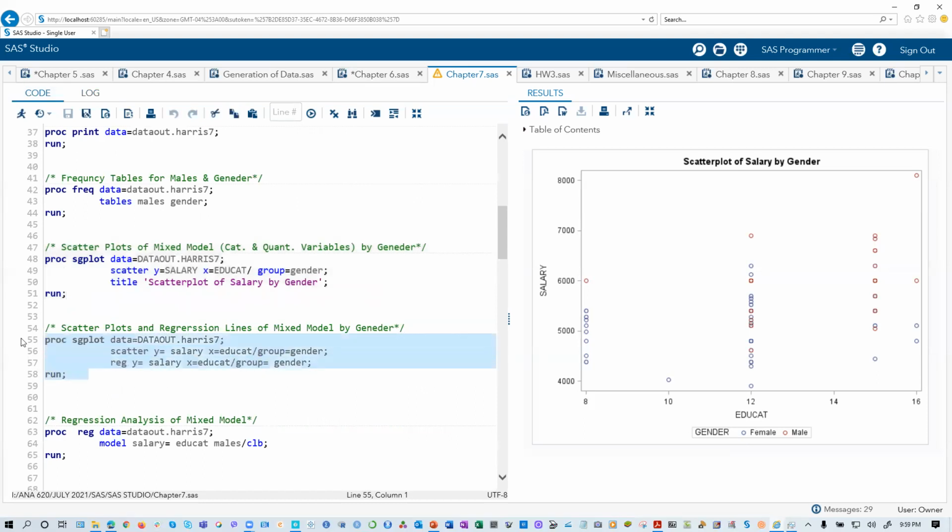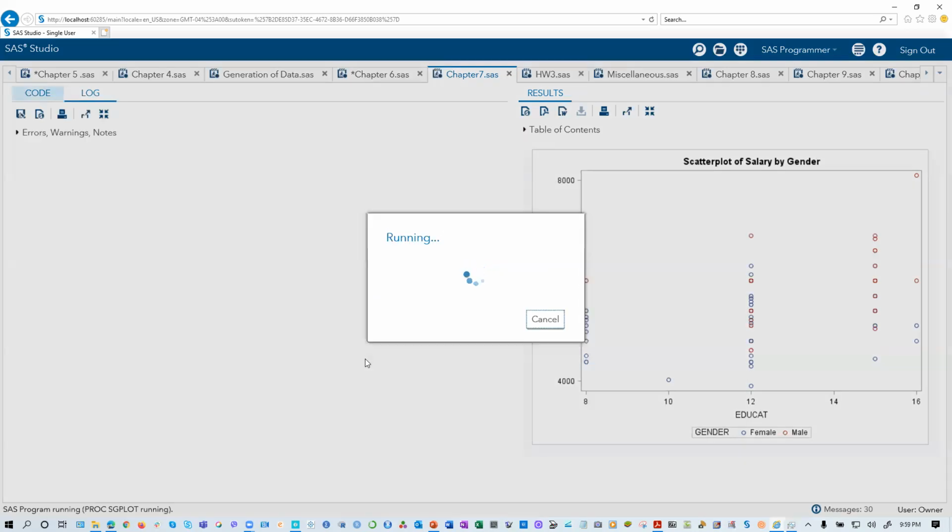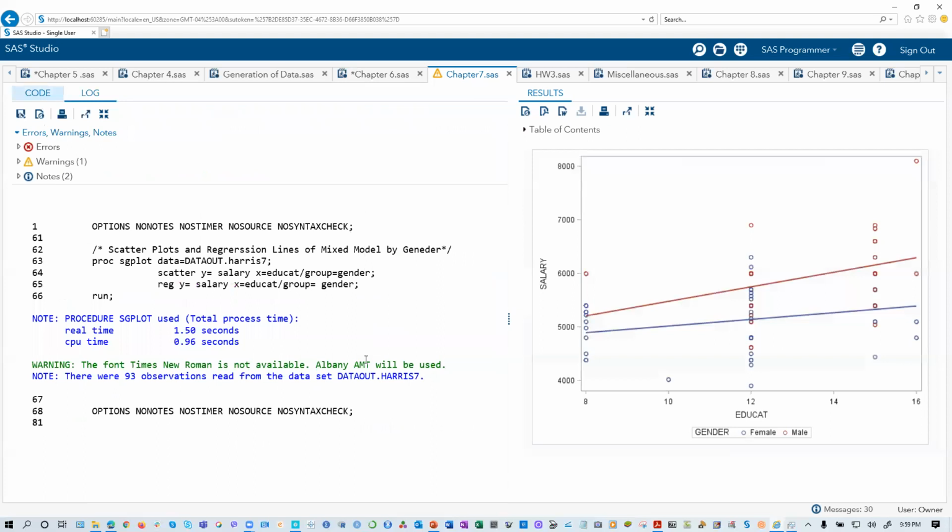Okay, we can go to the scatter plot and try to get the regression line. You can very clearly see that the salaries of males are higher than those of females, regardless of their education, how many years they've been in school or college.